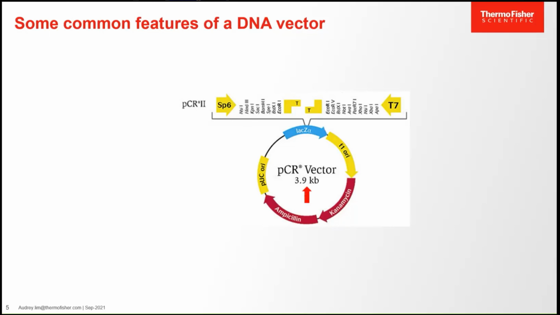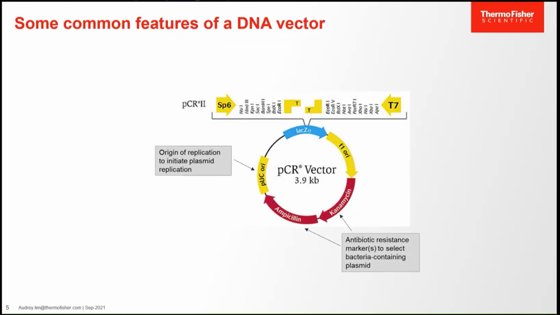Next, all vectors have an origin of replication, which determines the plasmid copy number, or how many copies of the plasmid there will be inside one bacterial cell. Another important feature of the vector is the antibiotic resistance marker.